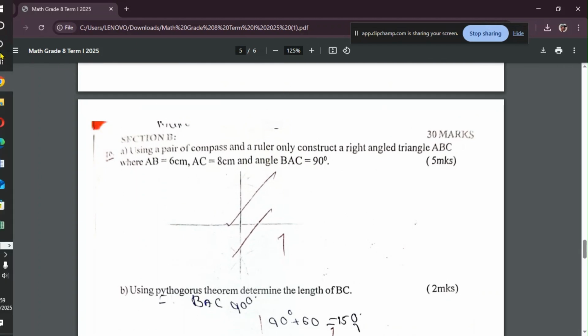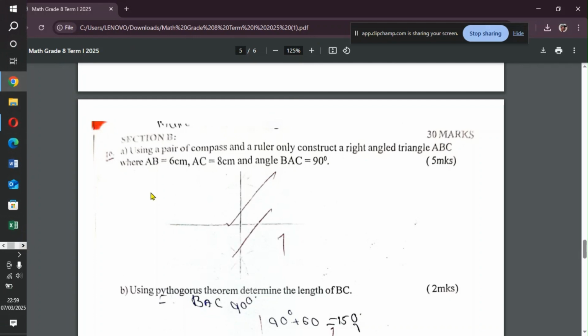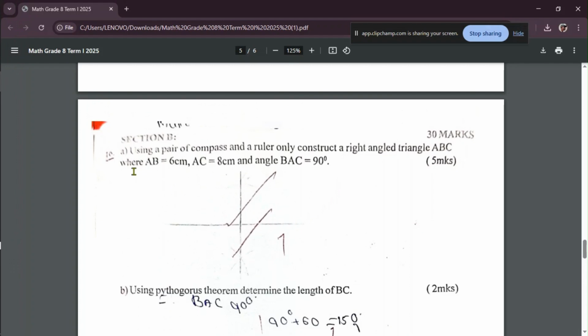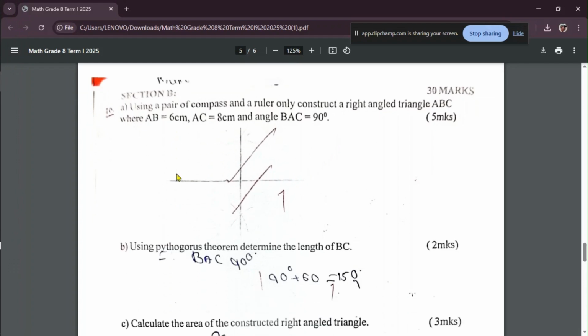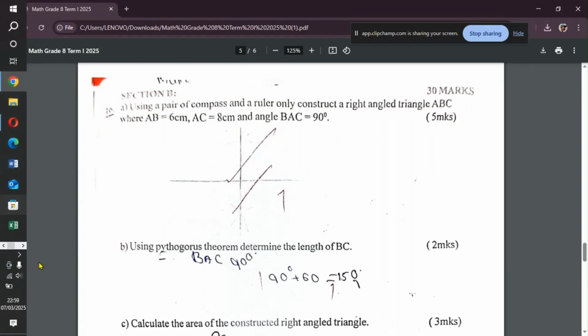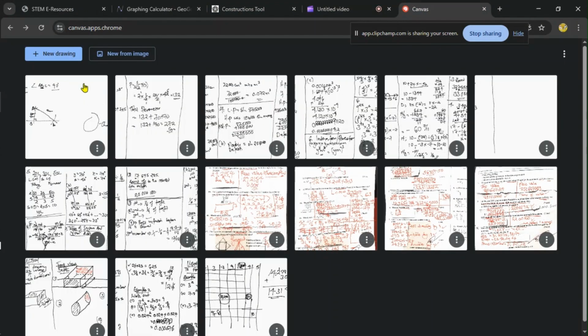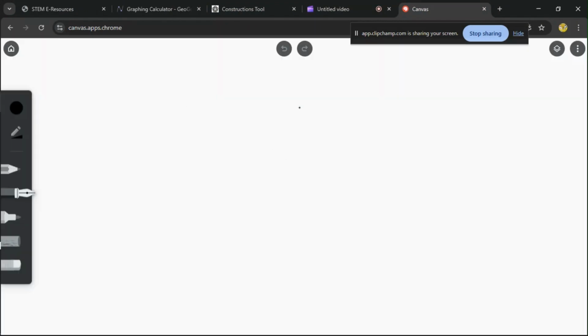Before we handle this question, I want to remind us or teach us how to do construction of four angles that I believe are very key. So we learn how to construct them, and I will go to our working space to learn how to construct angles.